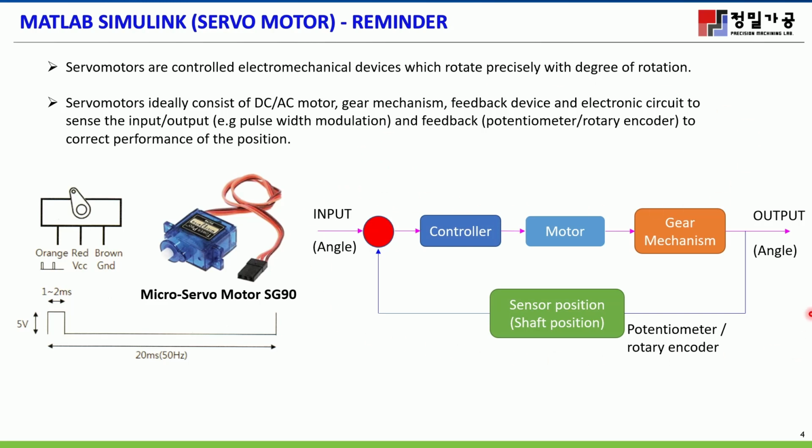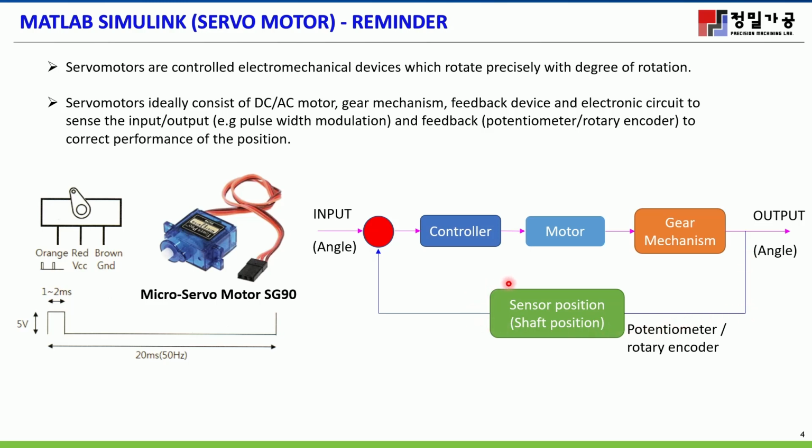In general, a servo motor is a feedback control mechanism. It usually has a controller inside, a DC or AC motor, and a gear mechanism to increase the torque.